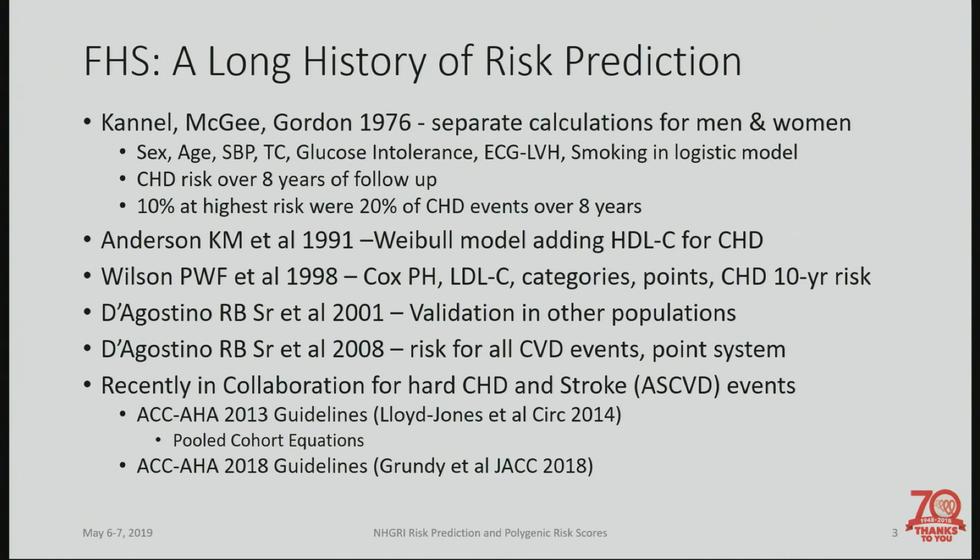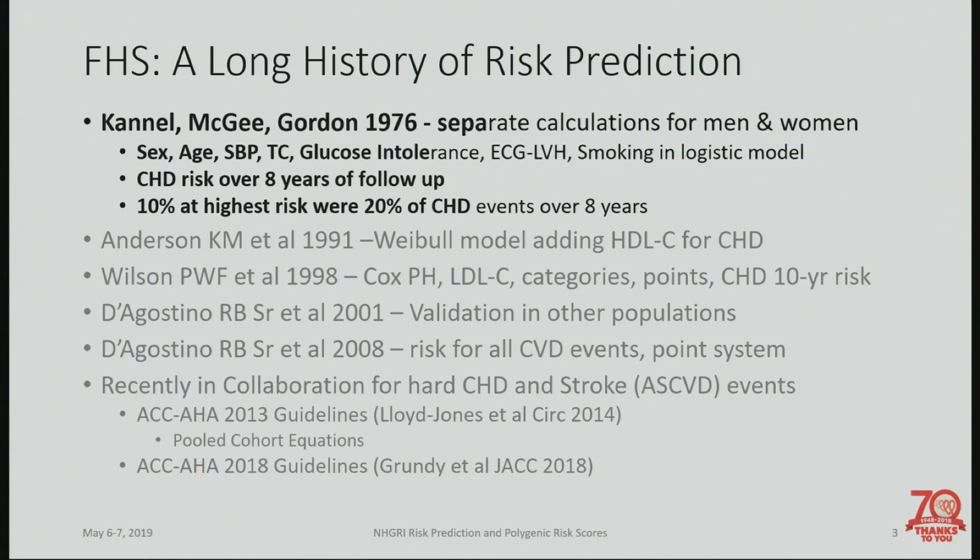And it's had a long history in publishing on this topic. One of the first was by Bill Cannell, Dan McGee, and Tavia Gordon back in 1976. And they did separate calculations for men and women.